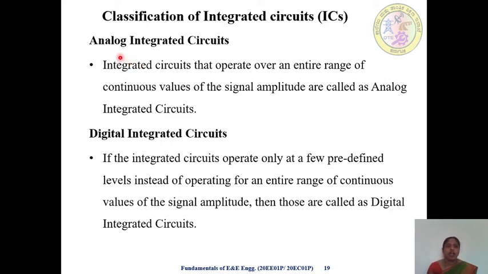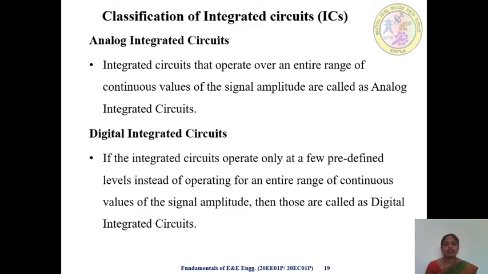Next is the analog integrated circuits. The integrated circuits that operate over an entire range of continuous values of the signal amplitude are called analog integrated circuits.